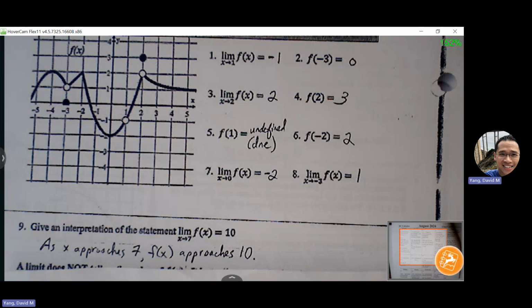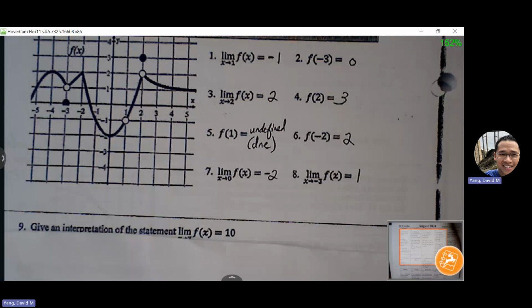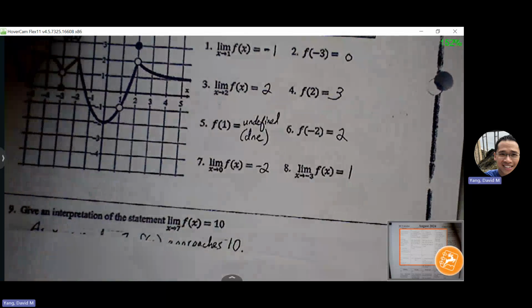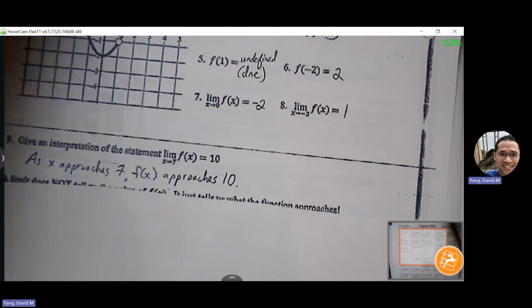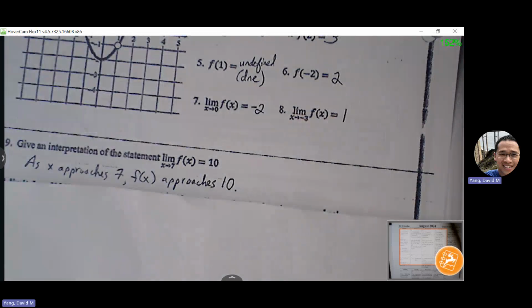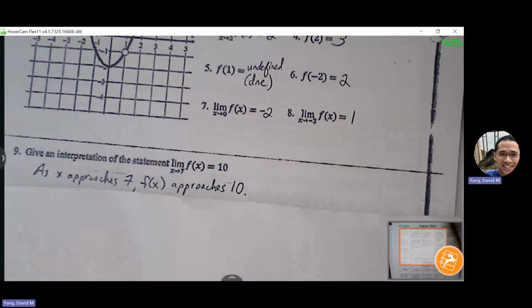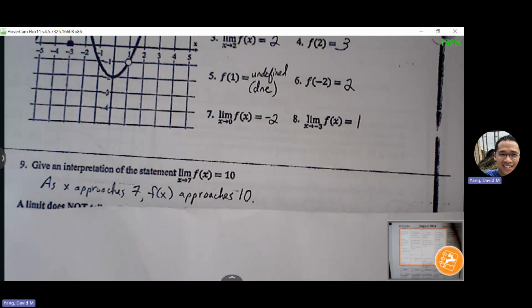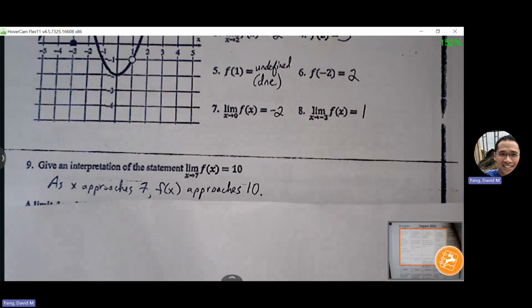As x approaches 7, what's f of x doing? Yeah, it's approaching 10, right? So the key word is approach. Sometimes a hole can throw us off, but as long as we can convince ourselves that both sides of the graph are headed towards the same y value, then we know our limit can be said to approach 10, or our limit can be said to equal 10.